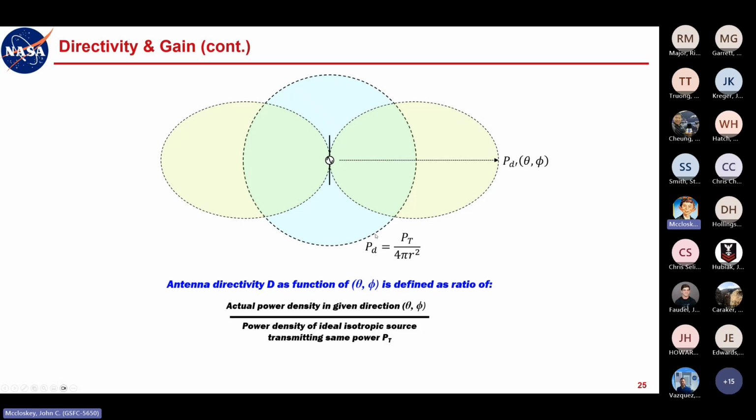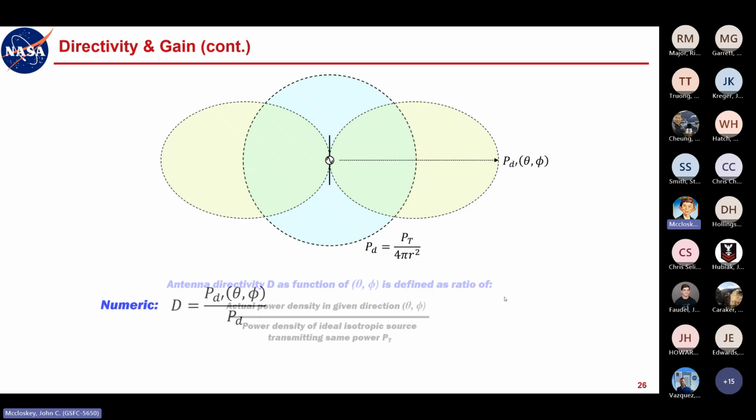So the isotropic power density is just the applied power, P sub T, the transmitted power, over 4 pi r squared, the surface area of a sphere at a distance r. So that's the definition of directivity.